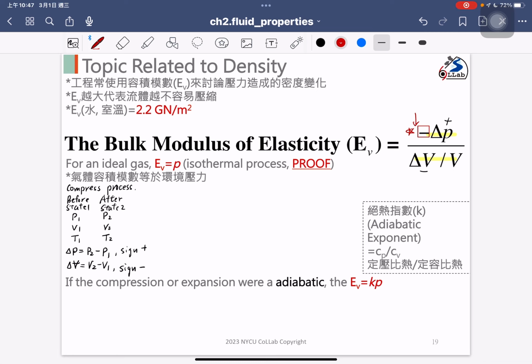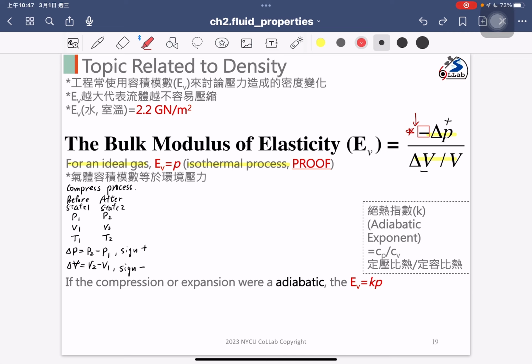Okay, so there are some properties we are trying to prove. As you can see, for an ideal gas under an isothermal process, the bulk modulus finally is equal to P. What is P?